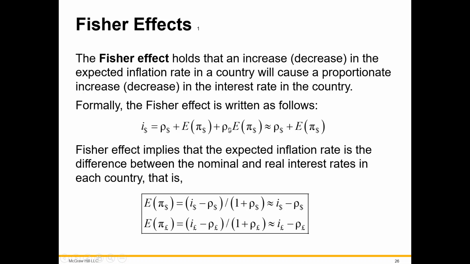But this should be small. You have small times small, so that means approximately, interest is composed of the real rate of interest and the expected inflation. So if inflation expectations go up, interest rates go up.